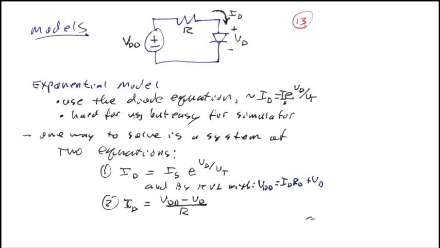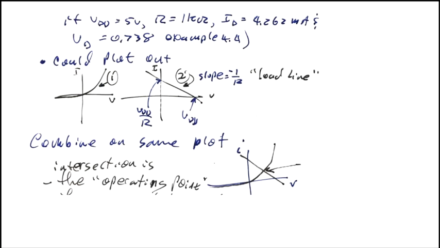If you did these two equations, the diode equation and this KVL equation, you could draw 2 lines.